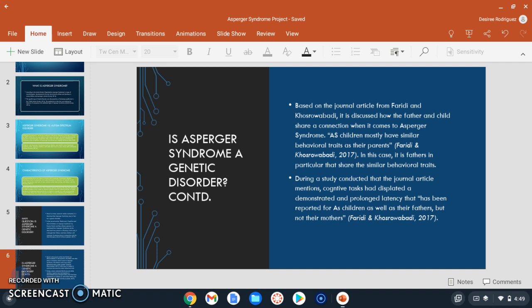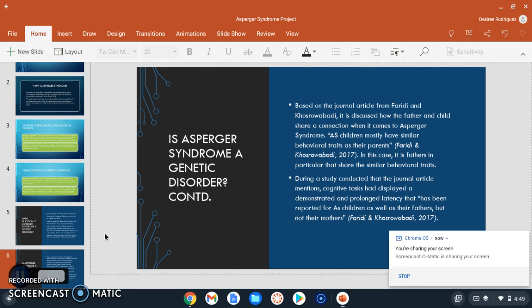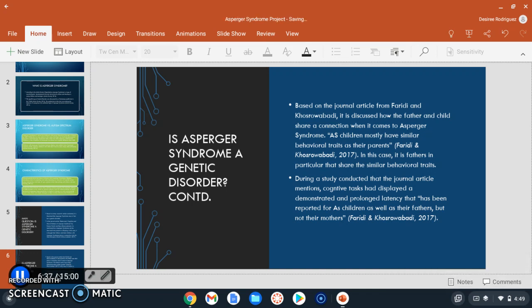During the study that was conducted in this article, it was shown that mothers have no association or connection with their children as far as sharing any behavioral traits. The specific study essentially showed how cognitive tasks displayed a prolonged latency that has been reported for AS children as well as their fathers, but not their mothers.